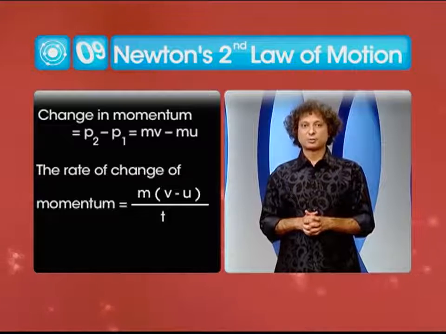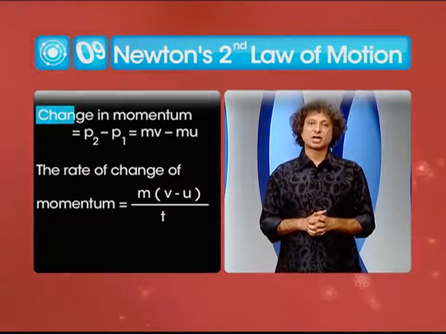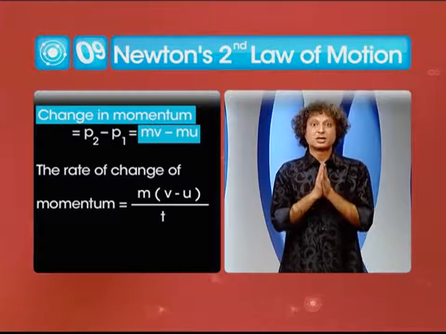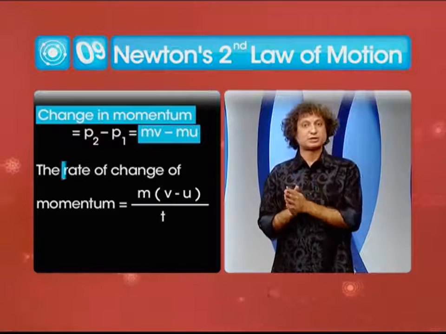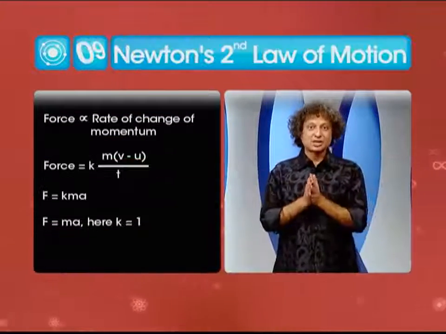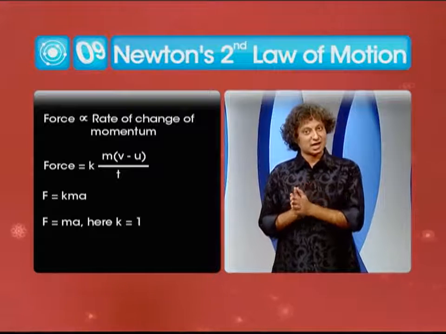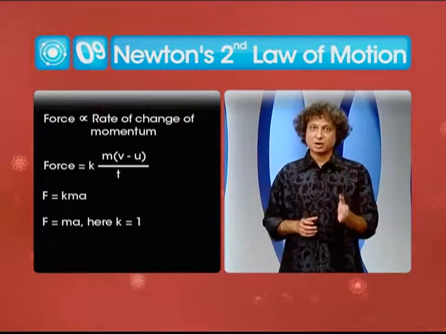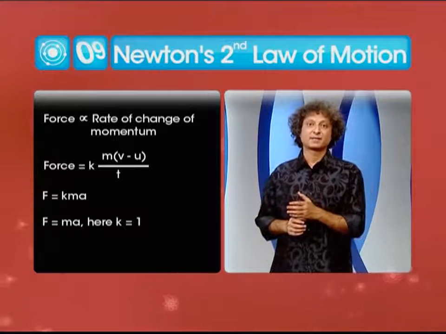On putting the values of p1 and p2, we get the change in momentum. According to Newton's second law, the applied force is proportional to the rate of change of momentum. Converting the proportionality into equality, we put a constant k and put the change in velocity per unit time as acceleration, where k is a constant of proportionality.